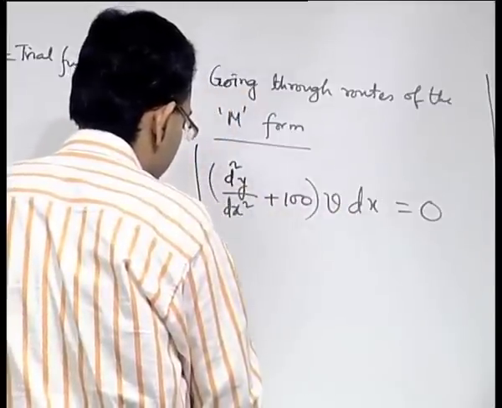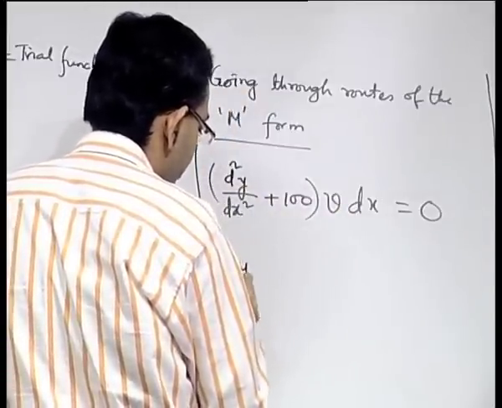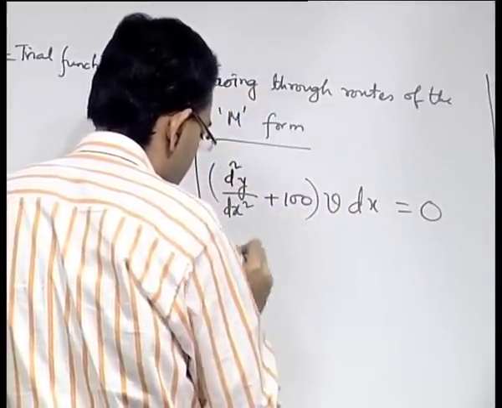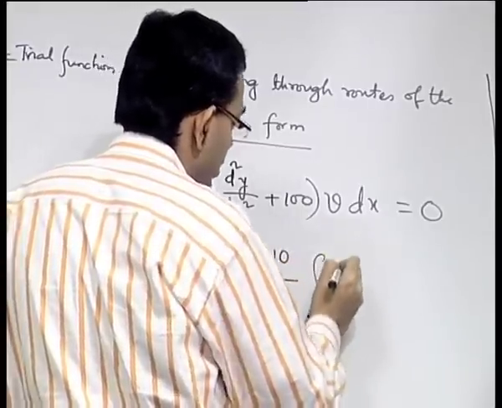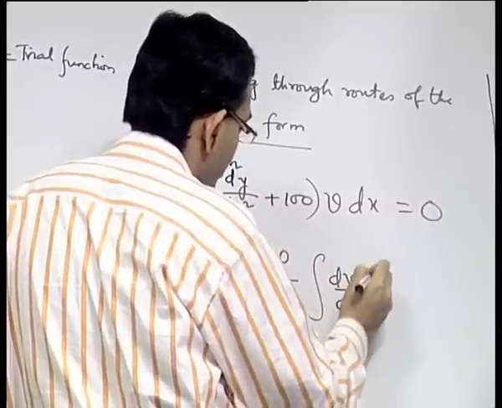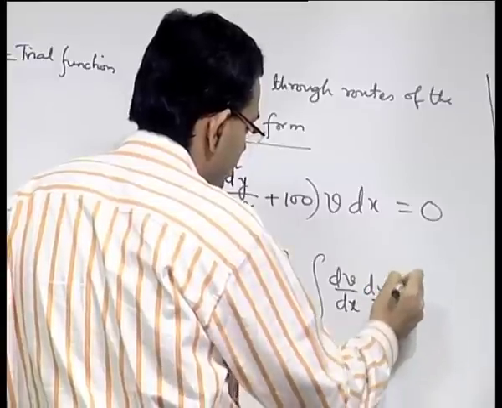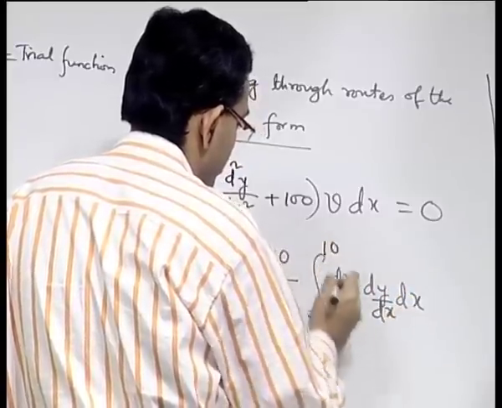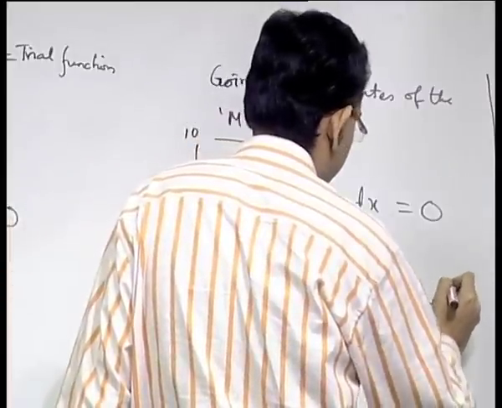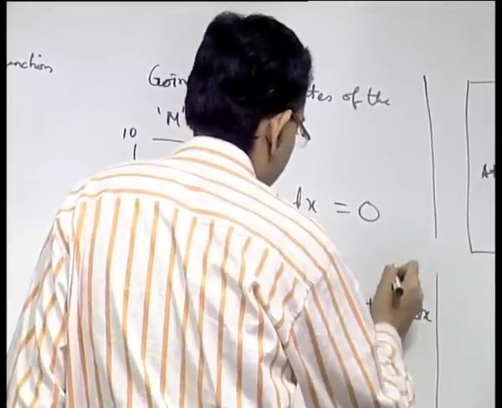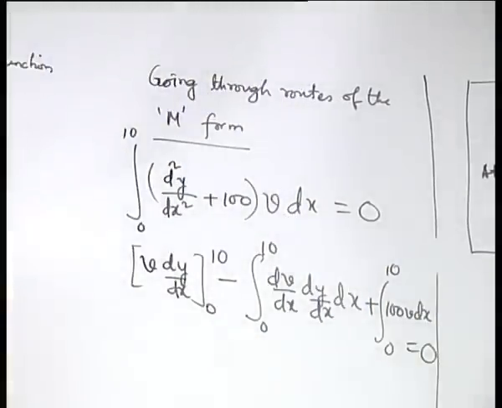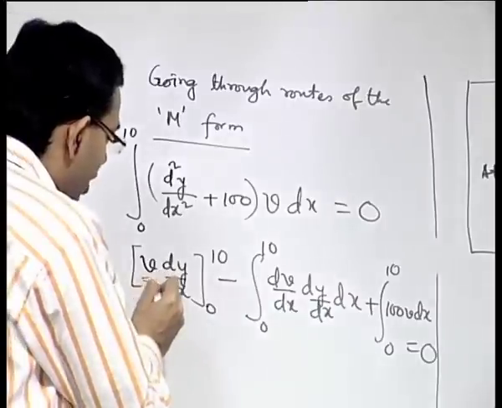So, V into dy/dx minus integral of dv/dx into dy/dx equal to 0. So, you have come up with a boundary term V into dy/dx.